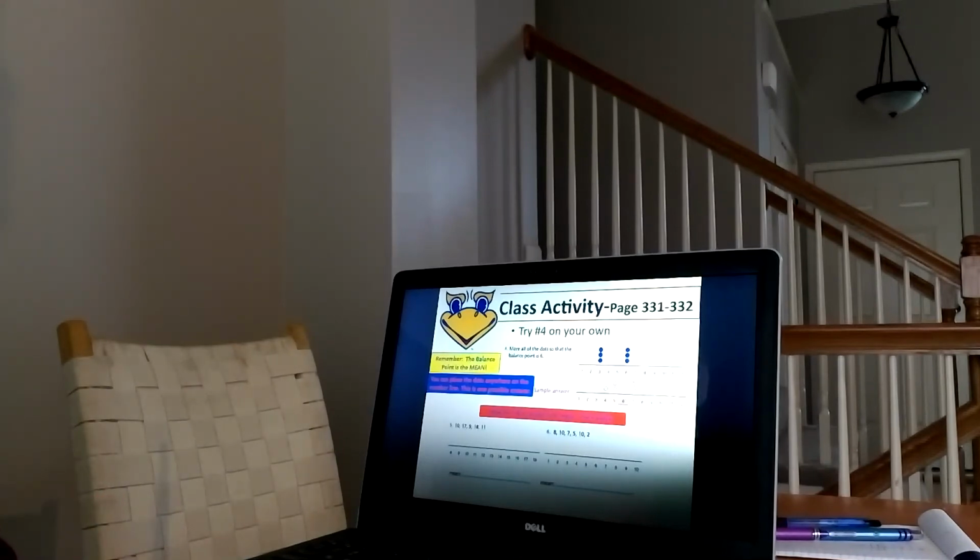So now I'm going to take the time here and add up my numbers and divide by 6 because there are 6 numbers. Okay, so I'm going to take 8 plus 10 plus 7 plus 5 plus 10 plus 2 to get 42 divided by 6 equals 7.